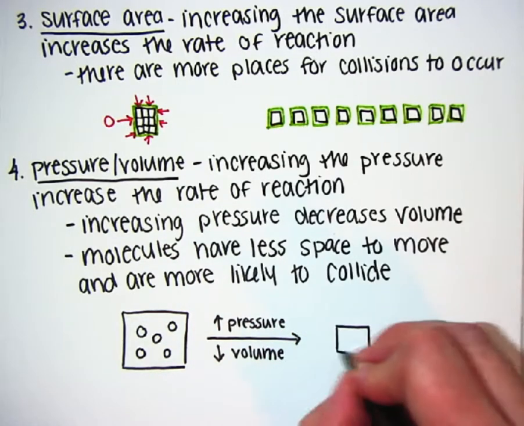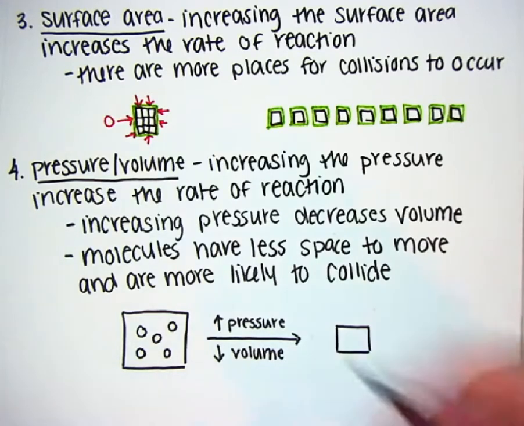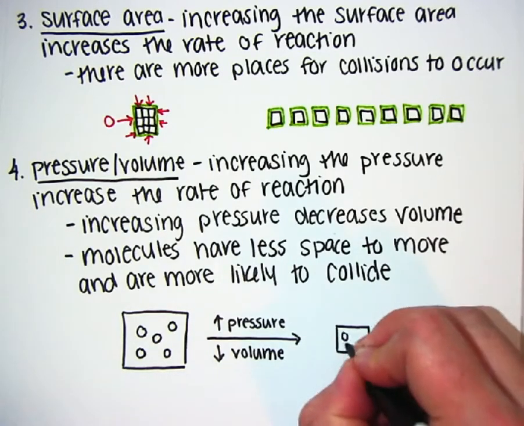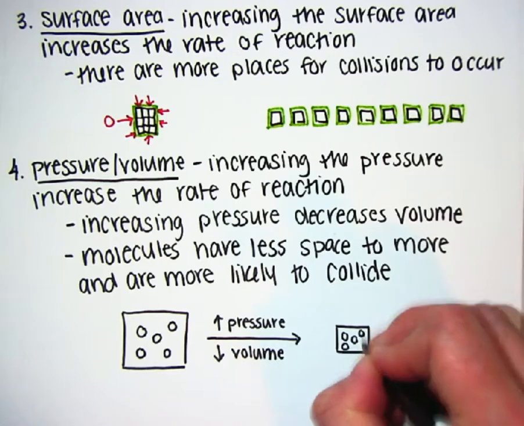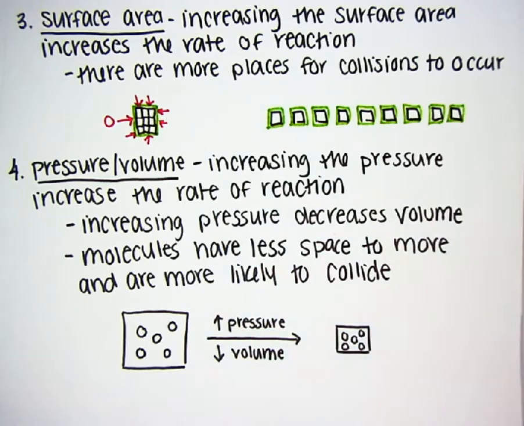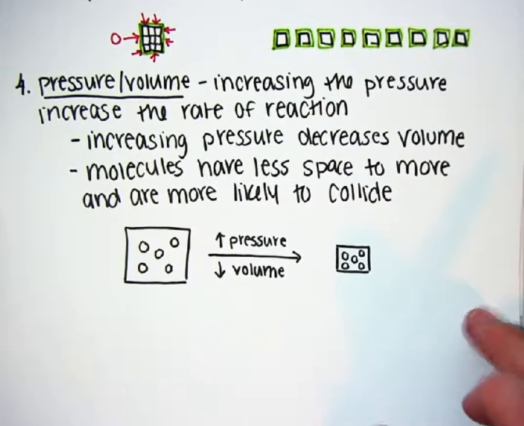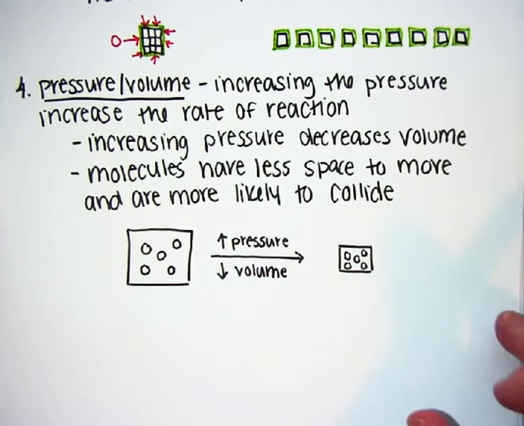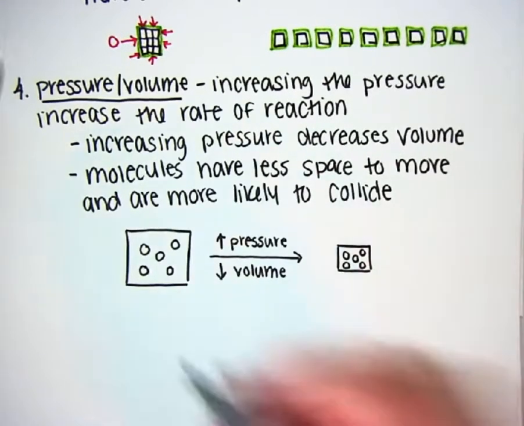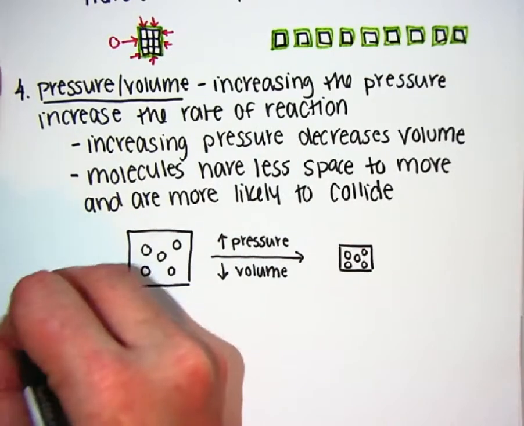So now the volume is much smaller. But we didn't change the concentration. Concentration stays the same. So which box is going to have more collisions? Well, the one that's much smaller. Less space to move, more collisions we have, the faster that reaction is going to occur. So we get increased concentration, increased temperature, increased surface area, increased pressure.